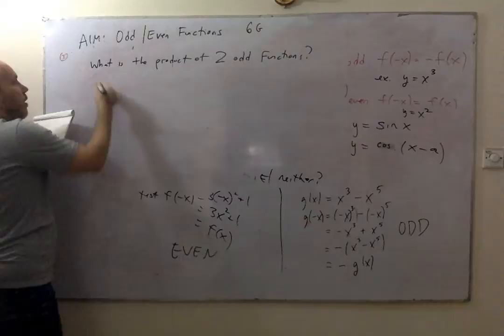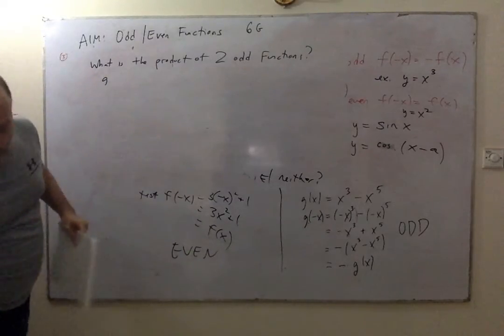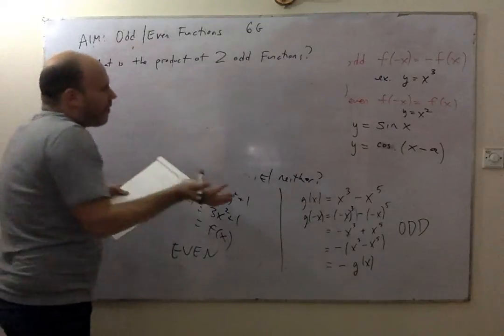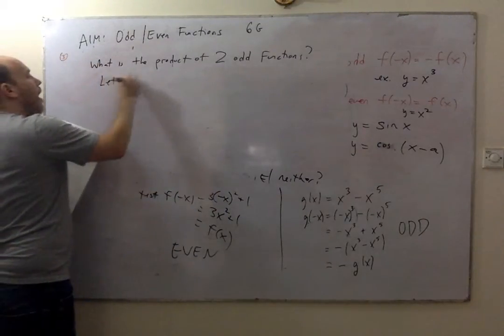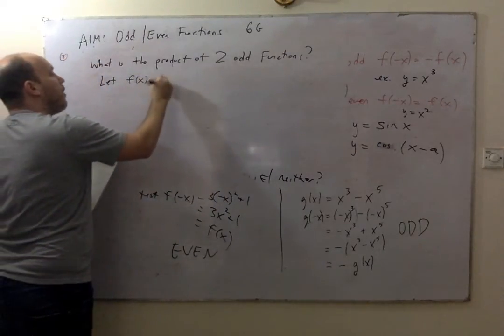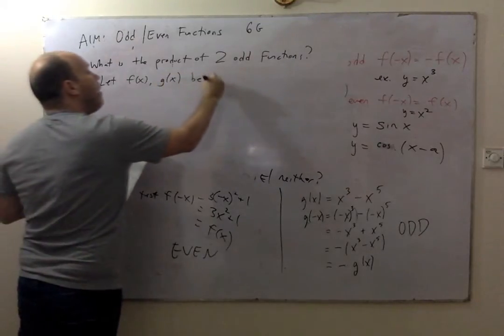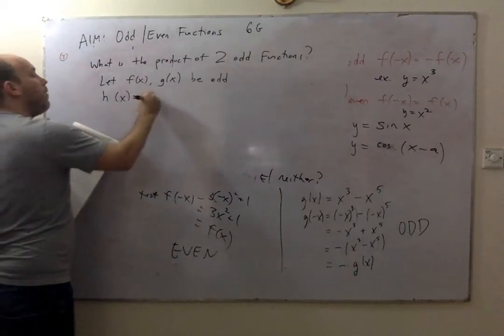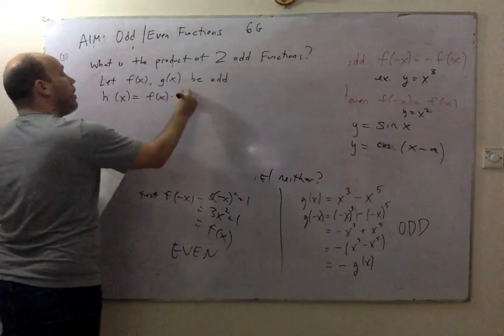So you say, fine, and you can figure this out. This is kind of interesting. We're going to let f of x and g of x be odd, and we're going to let h of x equal f of x times g of x.